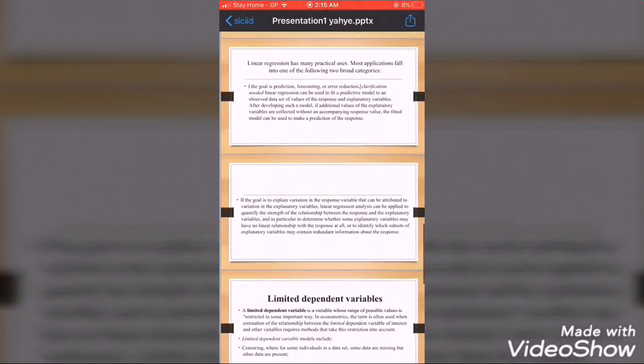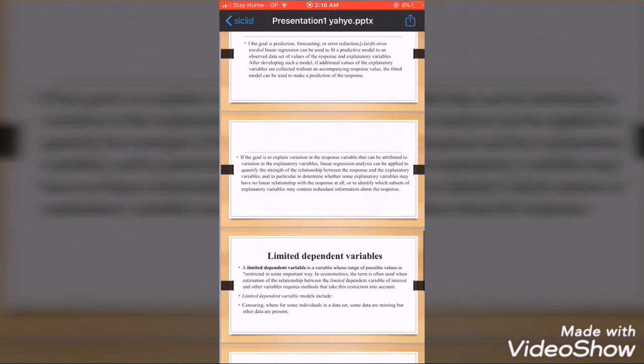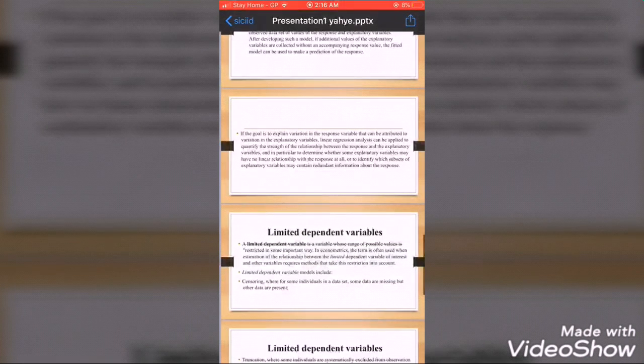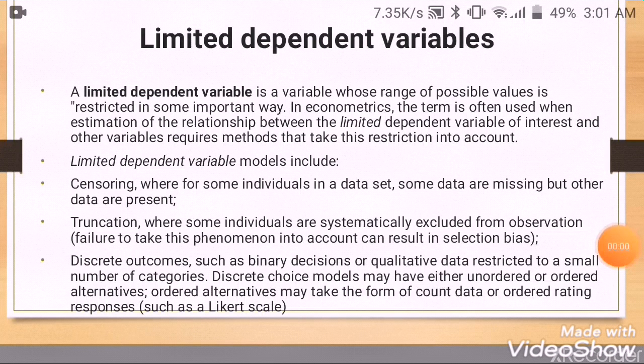The model can be used to make a prediction of the response. If the goal is to explain variation in the response variable that can be attributed to variation in the explanatory variables, linear regression analysis can be applied to quantify the strength of the relationship between the response and the explanatory variables, and in particular to determine whether some explanatory variables might have no linear relationship with the response at all.